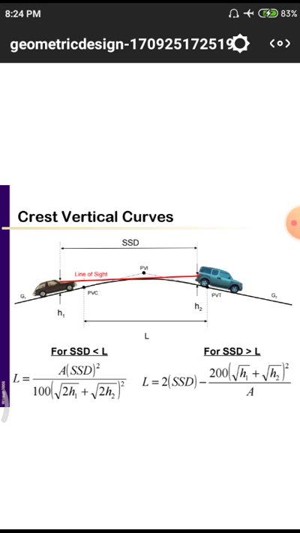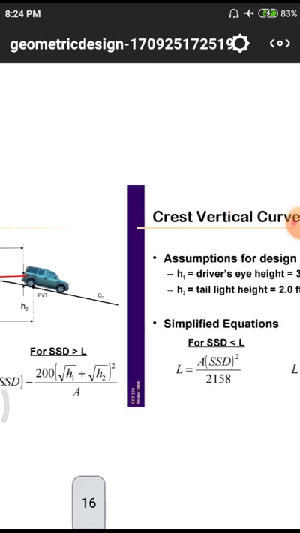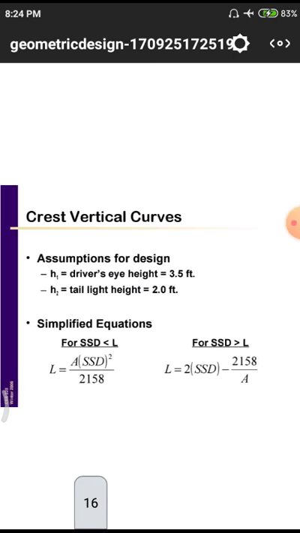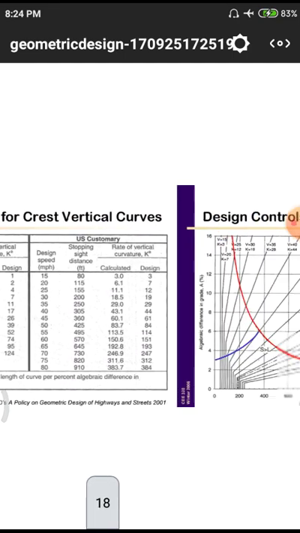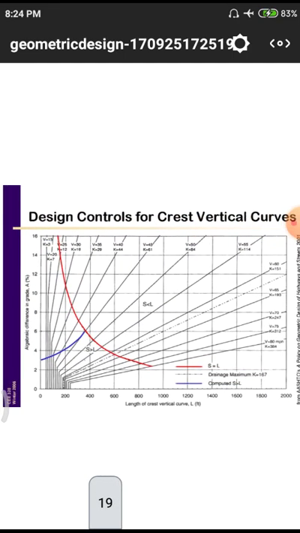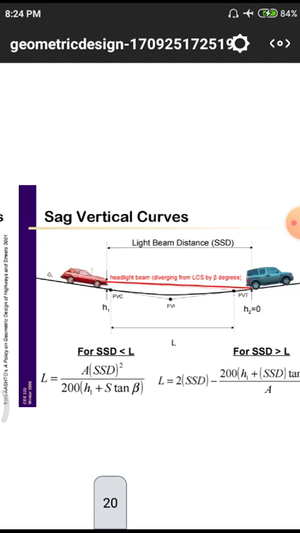We need to calculate the stopping sight distance by reversing the equation: L into 100 by (square root of 2h1 plus square root of 2h2) whole squared divided by A gives the stopping sight distance. Then length equals A into SSD squared by 215, after simplification. These are the curves to use whenever there is indirect information, for such problems.